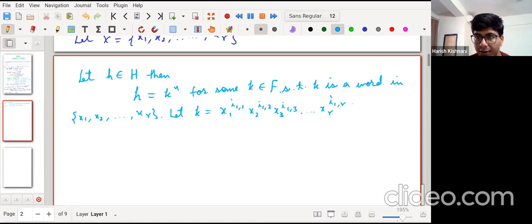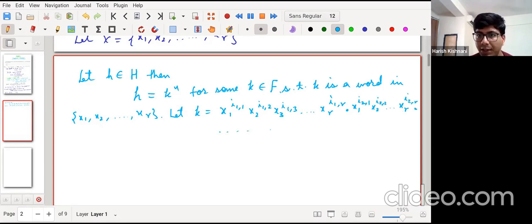Then again you start with x1^(i_{2,1}) x2^(i_{2,2}), and so on to xr^(i_{2,r}).